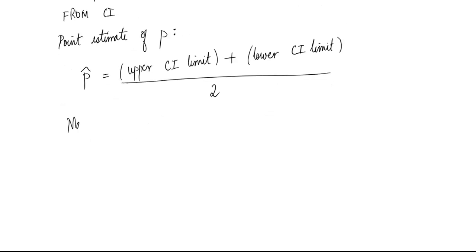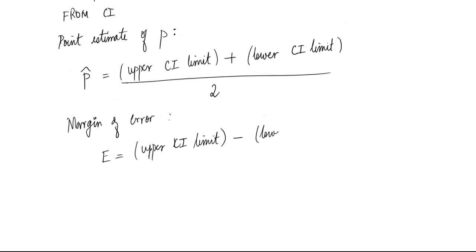And then the margin of error is capital E. That's the upper confidence interval limit minus the lower confidence interval limit divided by 2, okay? So I'll just give you an example here, okay?